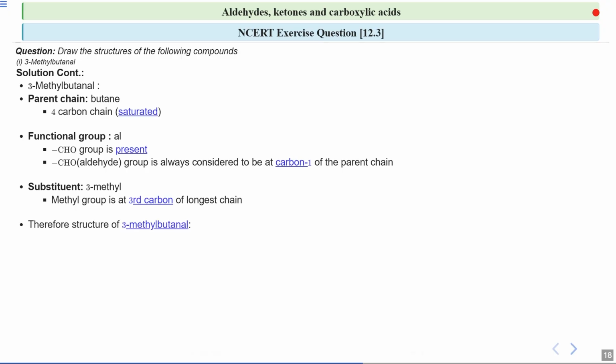Therefore, if we draw the structure of 3-methylbutanal, this is the final structure. You can see this is the aldehyde group, and on the third carbon a methyl group is attached. We did the numbering in such a way that the aldehyde group gets the least number, that is the first number. So this is the structure of 3-methylbutanal.